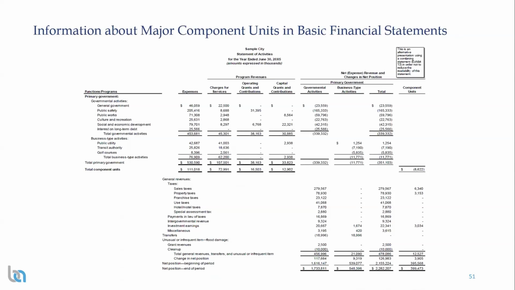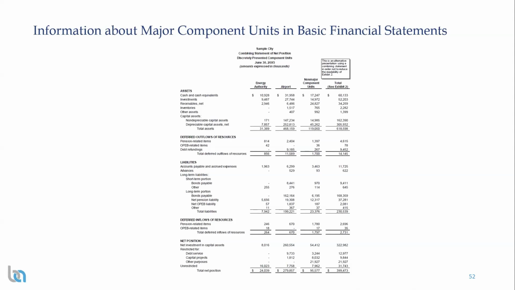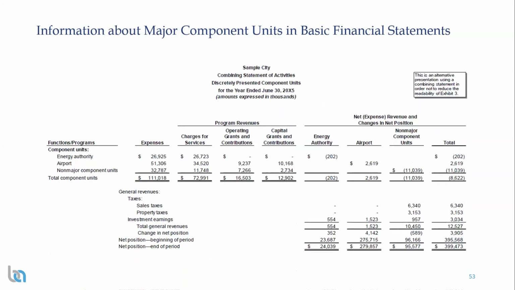Right after your fund statements, you will have a combining statement that will show the major component units, the energy authority and airport, and then the non-major component units as one column. It's the same way you do your fund statements, but this will be full accrual basis, same as the government-wide. So that would be the balance sheet. And the income statement will still look like the government-wide statement of activities, but it is broken down into the different major component units and then the non-major component units.